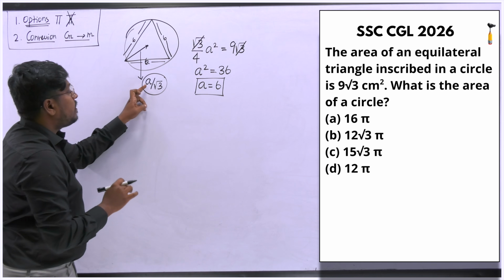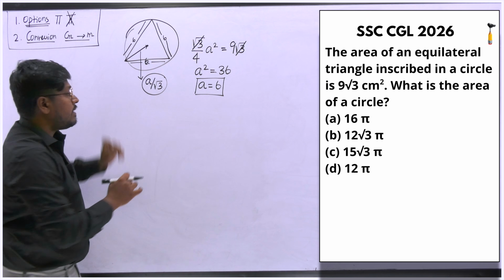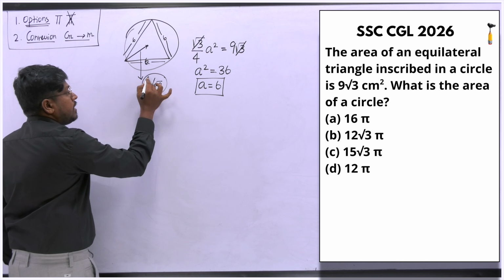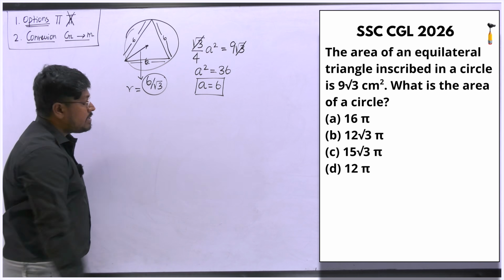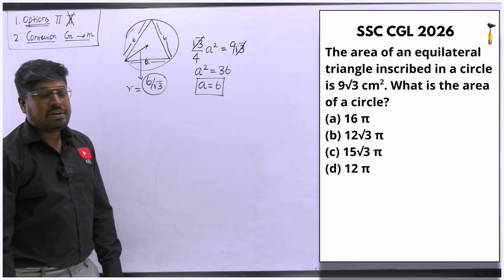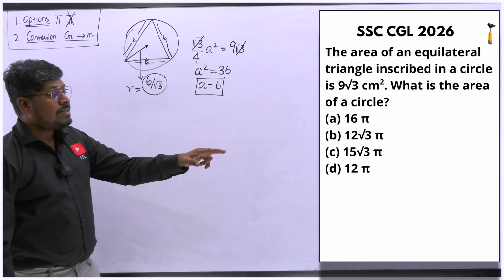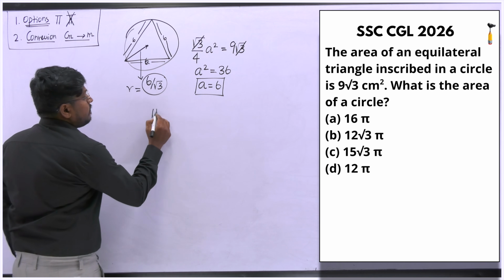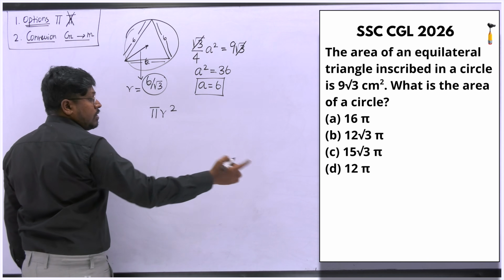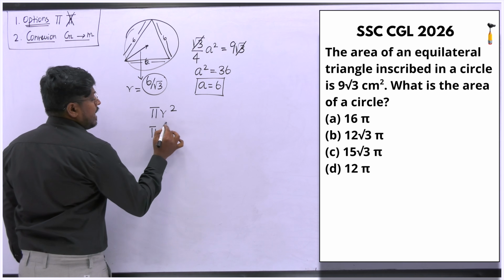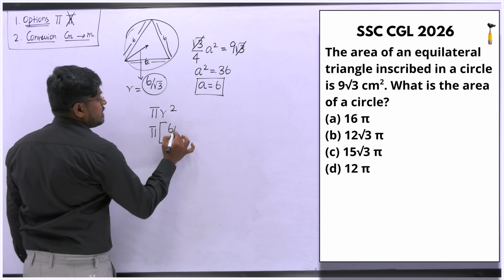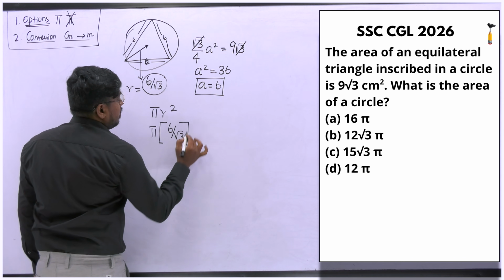So now we know that a will be 6 side length. So 6 divided by root 3, which acts as the radius of the circle. Right. So now according to the question, our target is to find what is the area of the circle. Area of the circle will be pi r square, and in the options they kept pi as it is, r square, which will be 6 divided by root 3 the whole square.